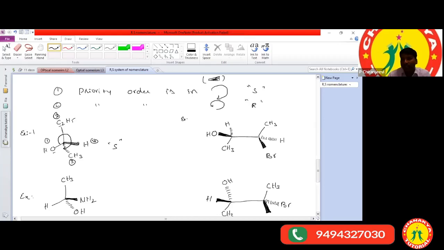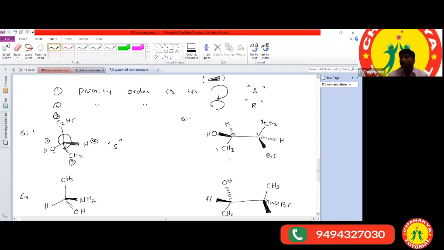Similarly, there is one more example. Second example. Can any one of you tell me the RS configuration of the second carbon? First carbon, second carbon and third carbon atom. We can give the numbering like this: from here 1, 2, 3, and 4.